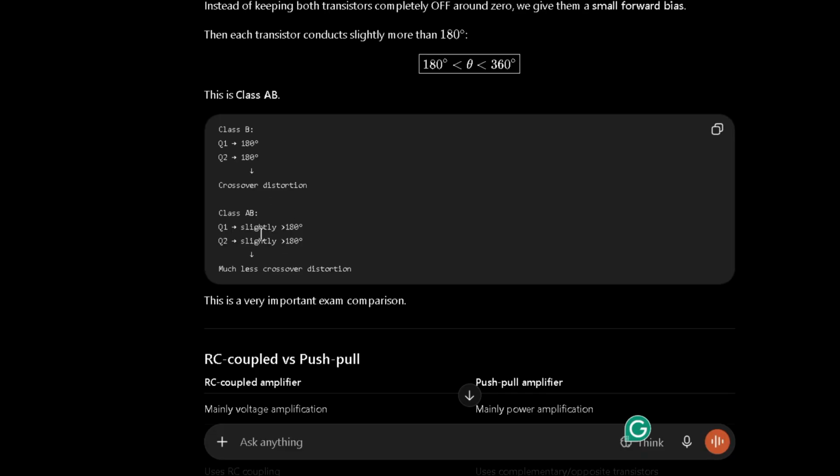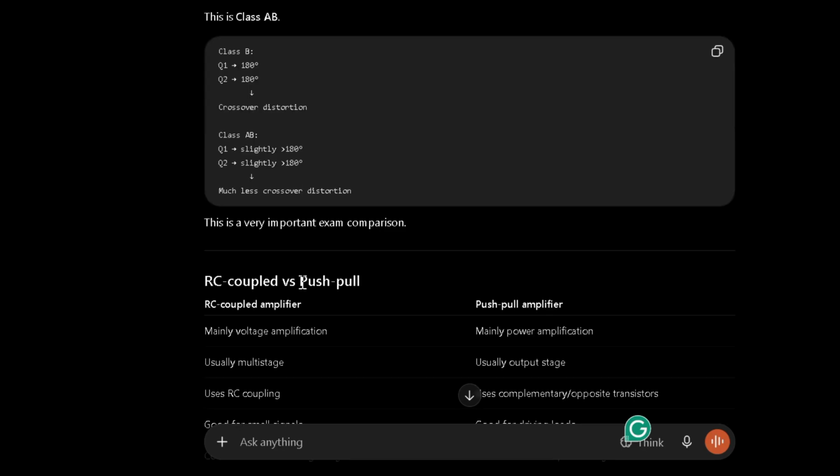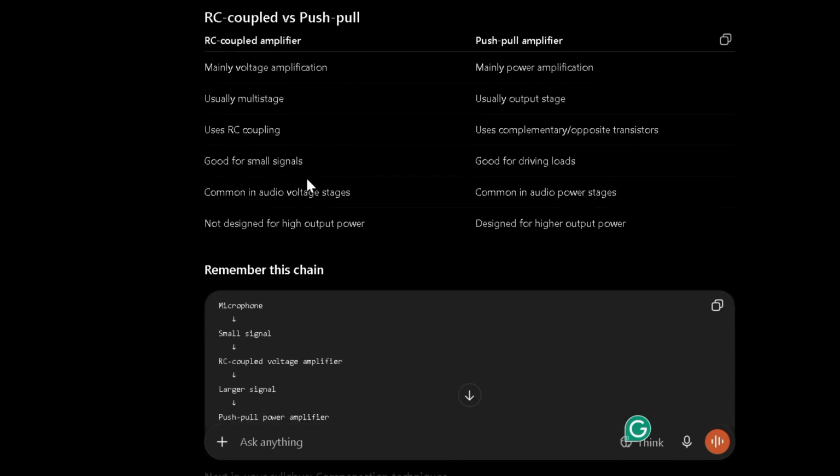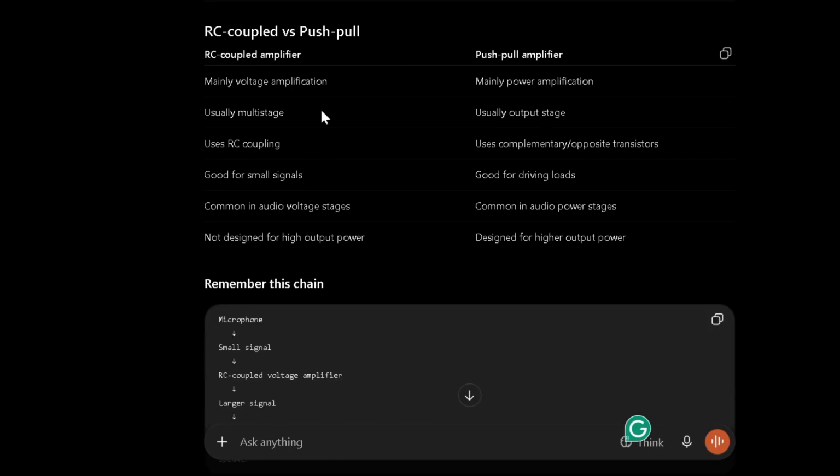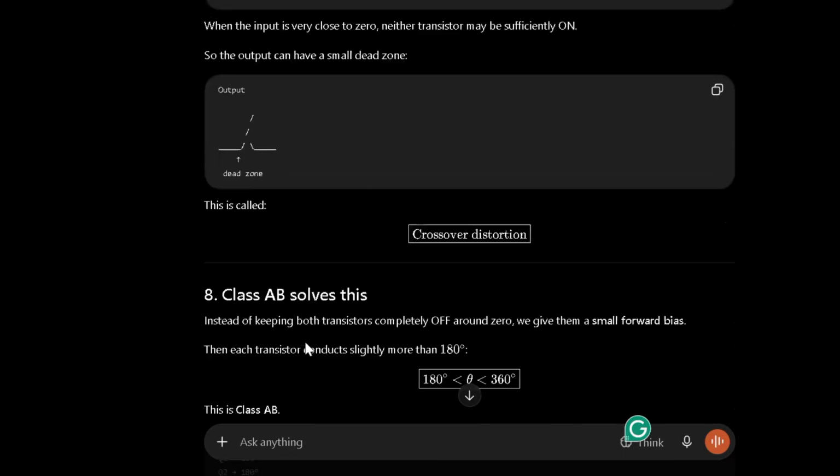This is very important in comparison. So that's it, if you think about how the NPN pushes and the PNP pulls.